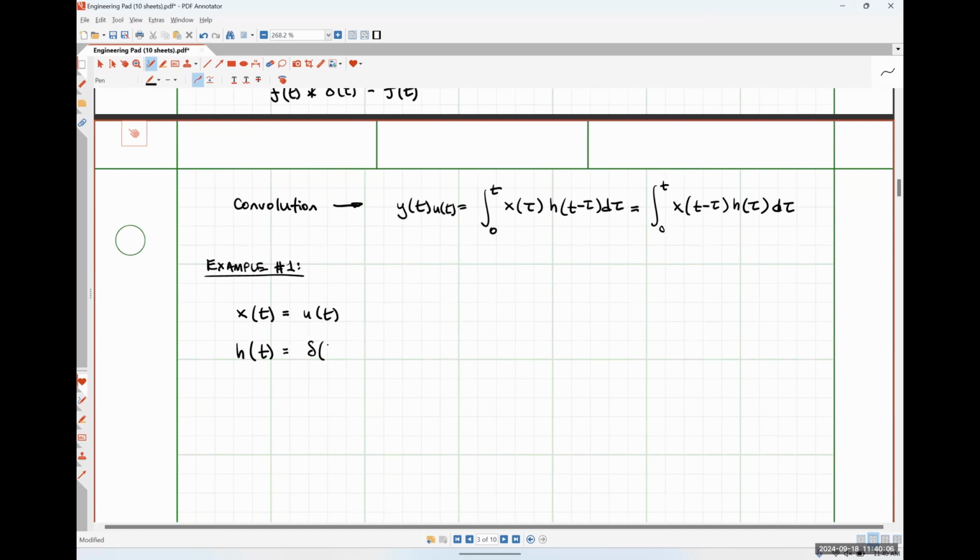So I'll have a Dirac delta function plus something like e to the minus 2t plus e to the minus 3t, times u of t.